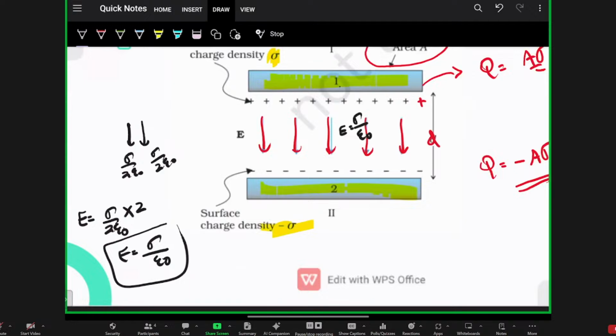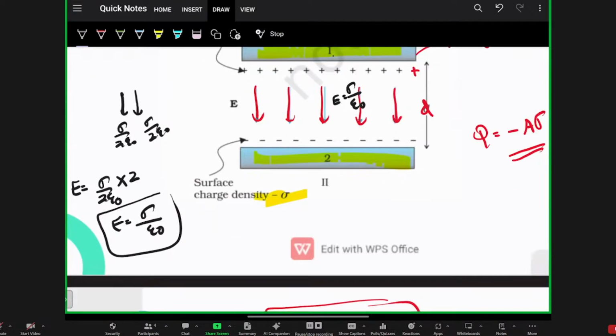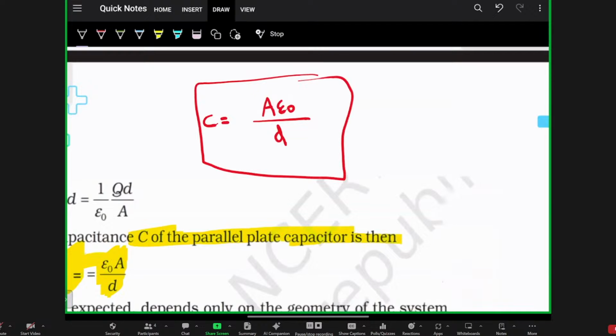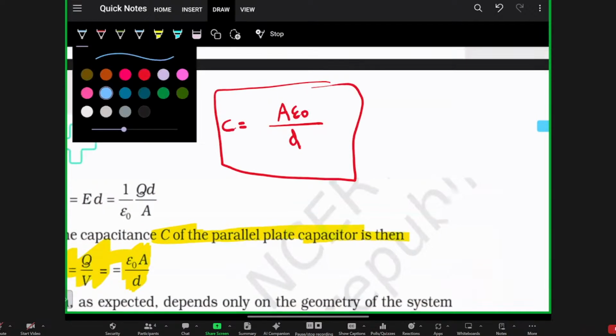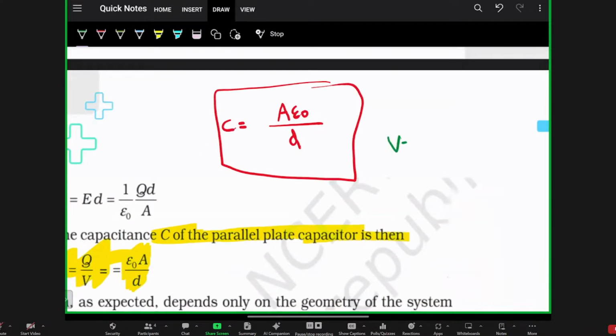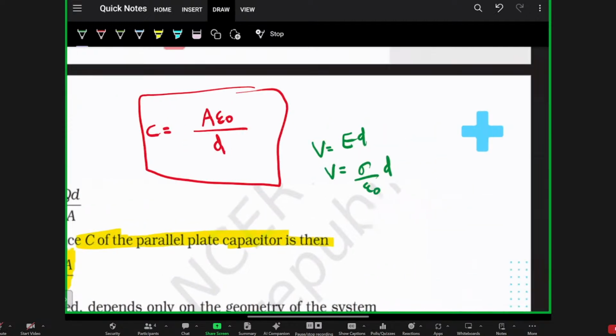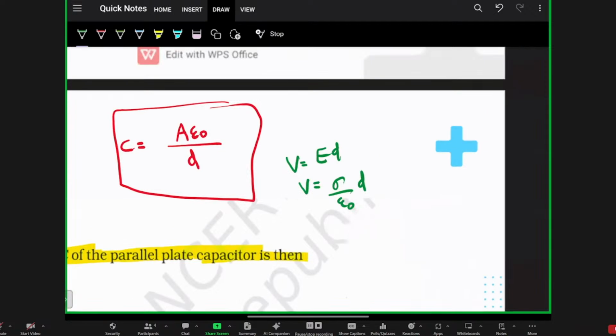Okay, and we know that the potential difference between the plates will be equal to E into D, and E is sigma divided by epsilon naught into D. I can write sigma in terms of Q by A, correct?